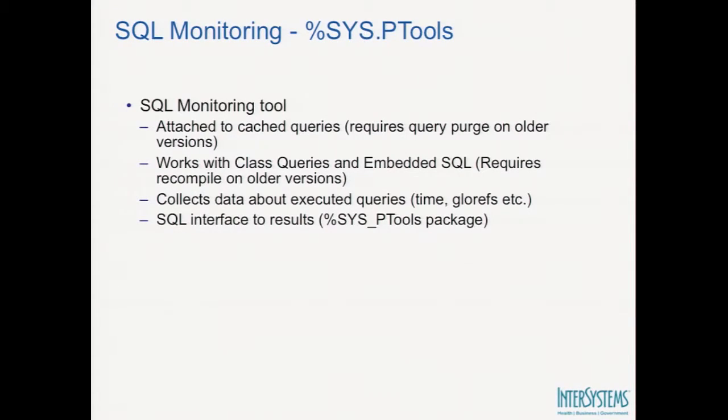So PTools would attach itself to the very beginning and very end of your cached query or embedded query. And if you activate it, it would record statistics, global references, routine commands, and the time it took to execute into a special system table. Right?